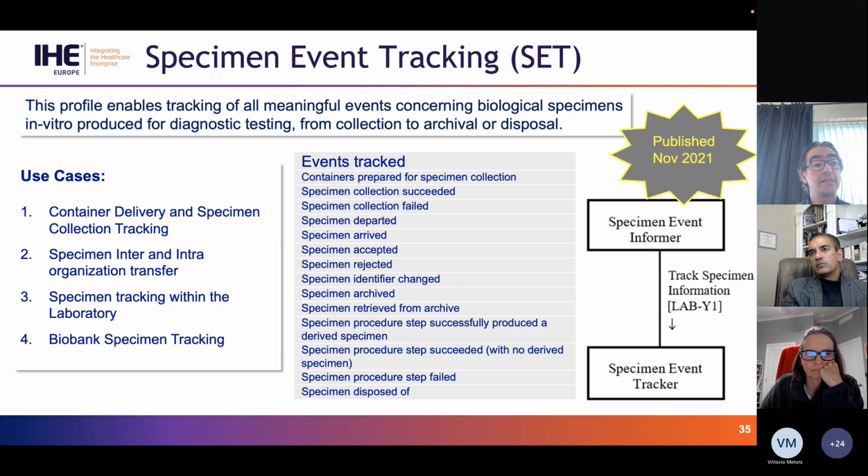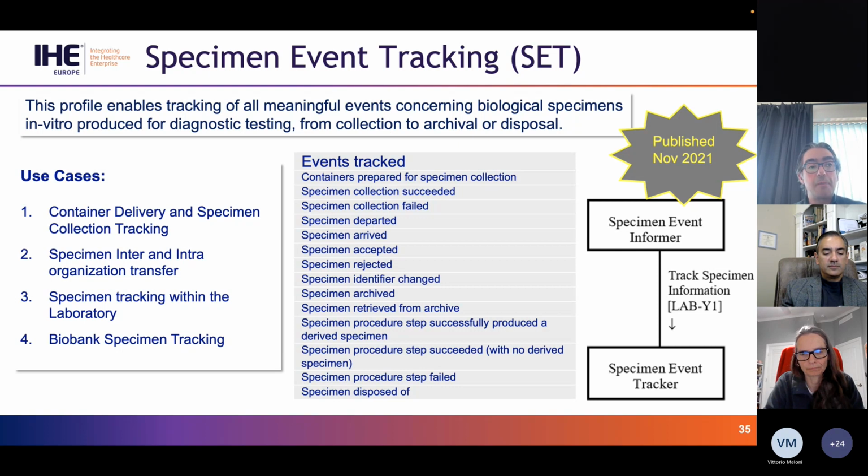What happens is that the collected specimen has to be sent from lab A to lab B to execute the order, and often lab B also has the need to re-identify the specimen, so to relabel the specimen, to accept it, and also it could refuse it if the quality of the specimen itself is not sufficient to execute the exam.